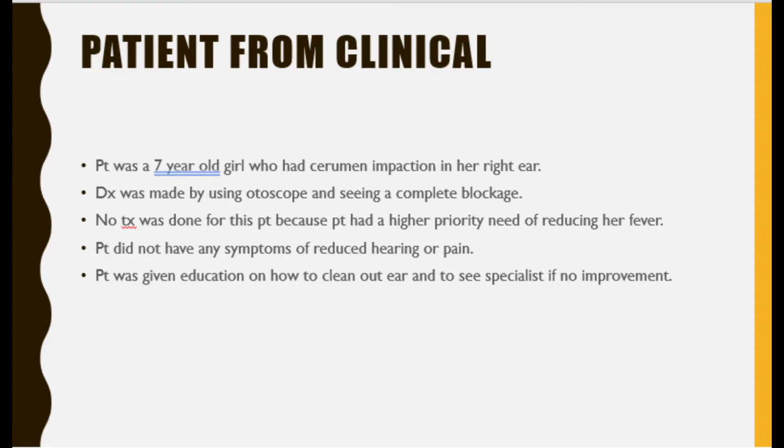It was just this black color, and I couldn't see anything past it. For us, we weren't able to treat this patient because she had a higher priority, and that was to reduce her high fever. She had a fever of 103, so that was our top priority.